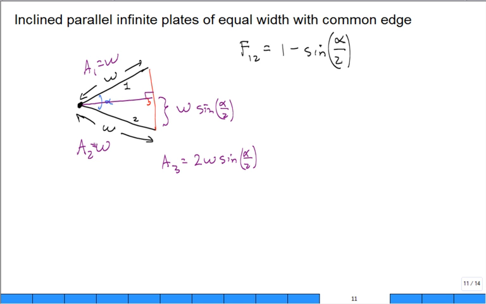Okay. Now that we have worked that out, you make the brilliant observation that the view factor from this imaginary surface 3, made to complete an enclosure, back to surface 1 is related to the view factor from 3 back to surface 2. What is that relationship between these two view factors? They're equal.